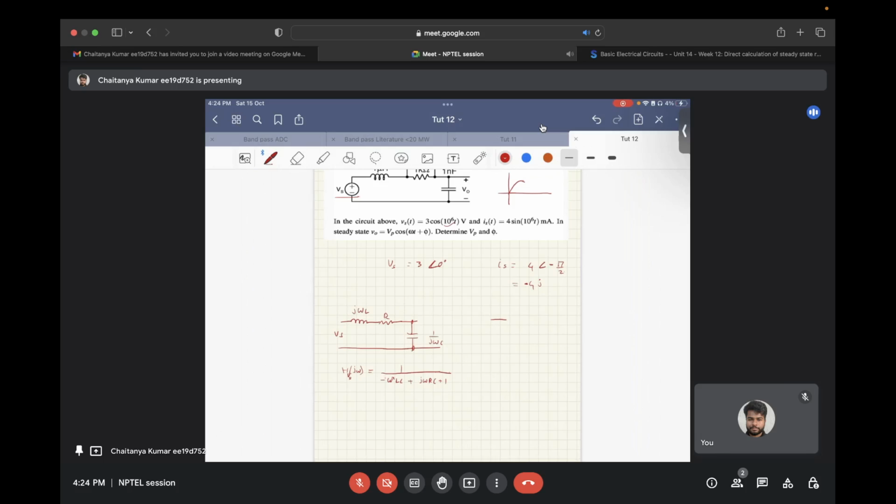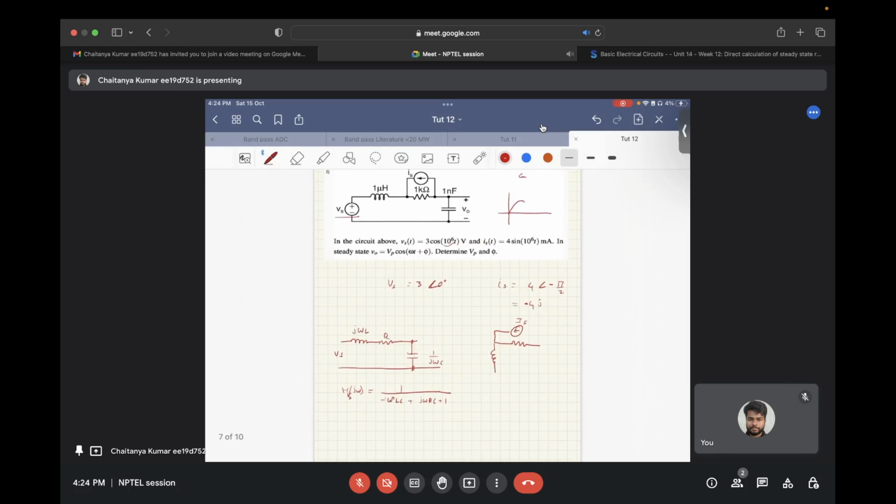What we get then is this kind of circuit.